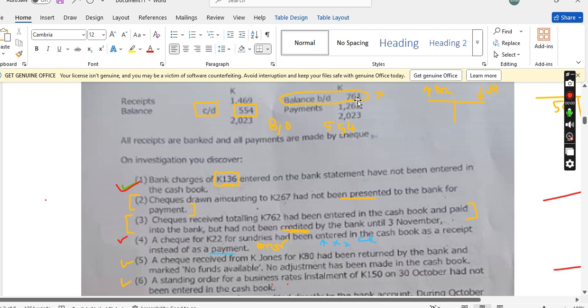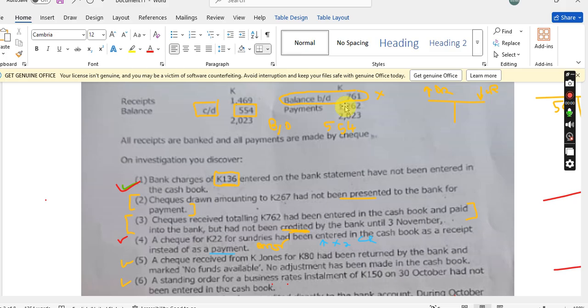It was supposed to be 711. So how do we reduce this to 711? We need to debit so that we reduce this amount. This is an overstated balance brought down.